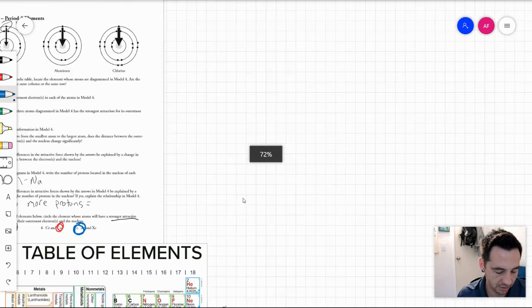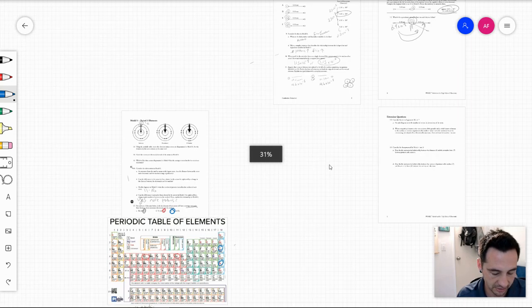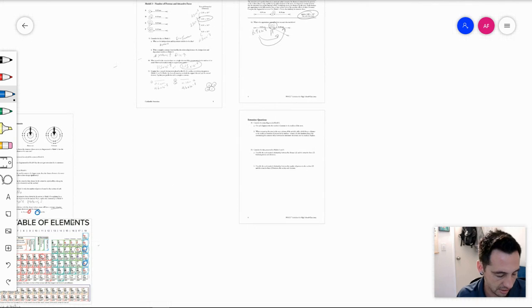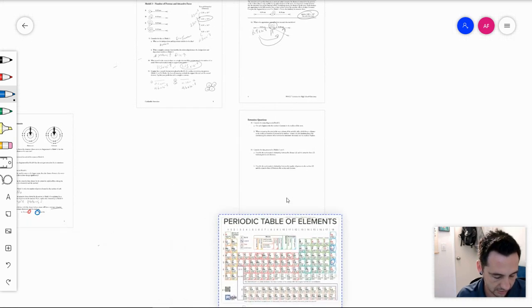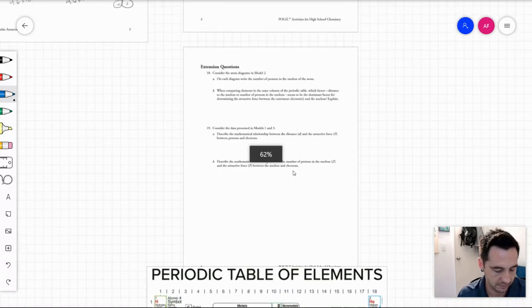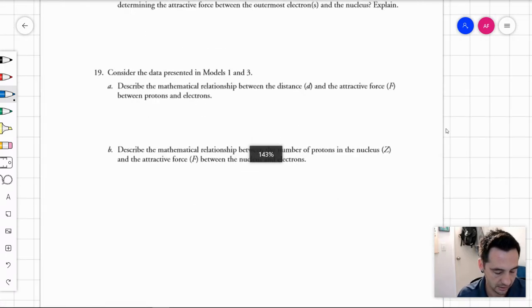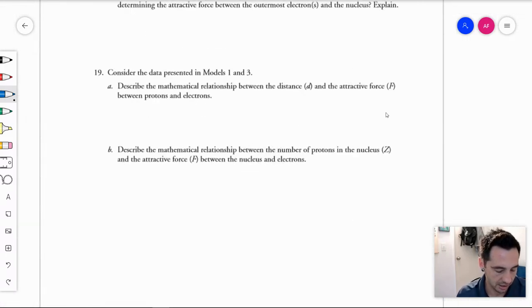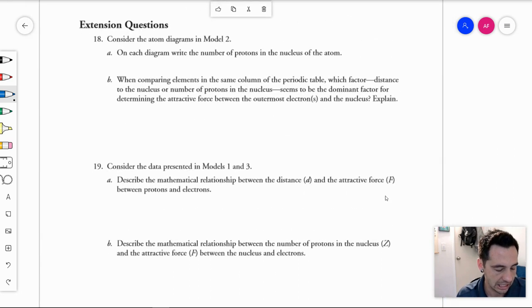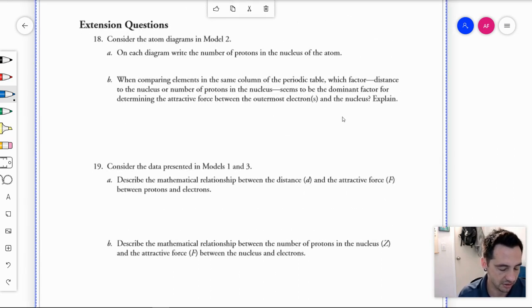There should be one more part of this worksheet here. Yeah, there it is. On each diagram, write the number of protons in the nucleus of the atom. So let's look at model 2.